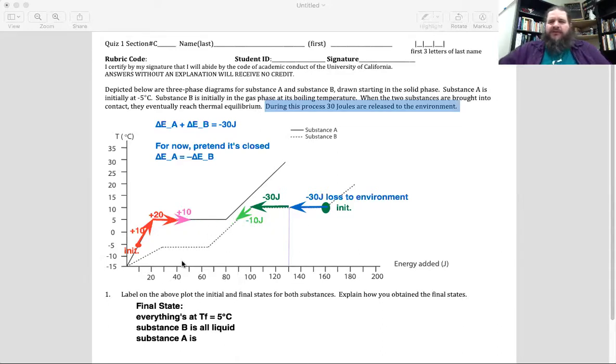Also, how much of it would you say is solid versus how much is gas or liquid or whatever it is? Yeah, we can tell. And how can we tell that it's exactly half and half here? How do we know that it's exactly half solid, half gas, and not more of one or the other?